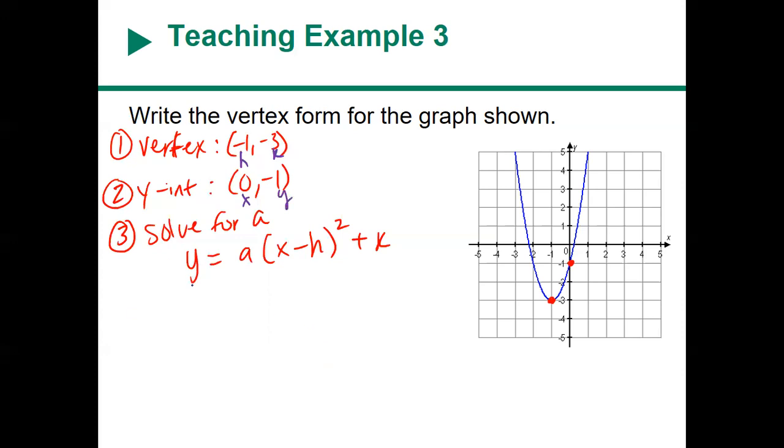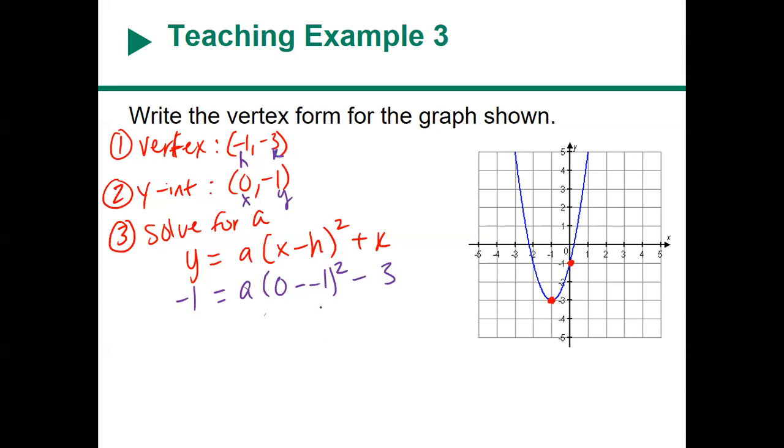So we're plugging those values in. So we have -1 equals a times 0 minus -1 squared minus 3. So I plugged in everything that I got from step 1 and step 2.